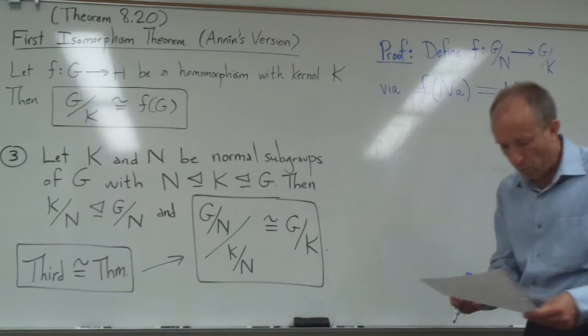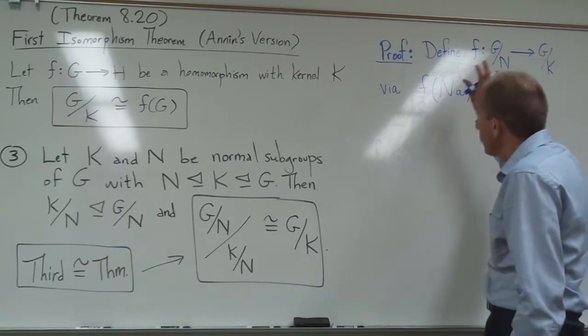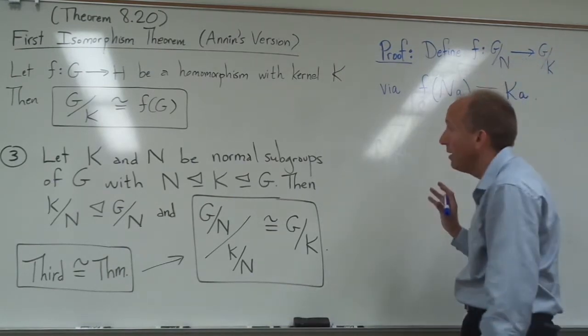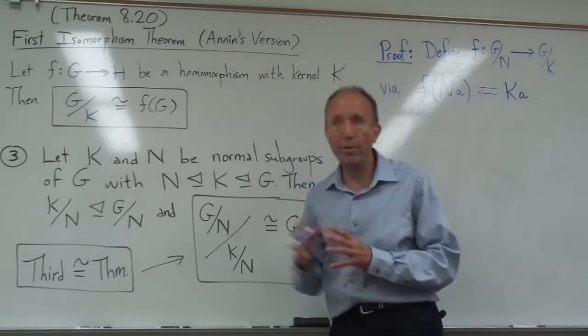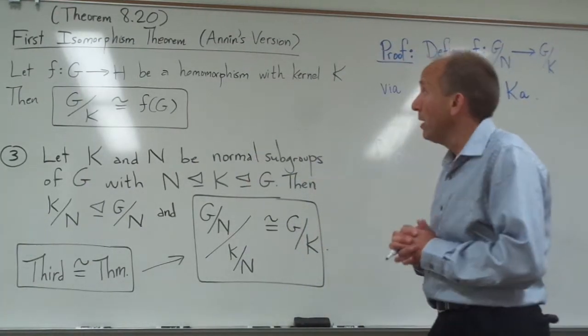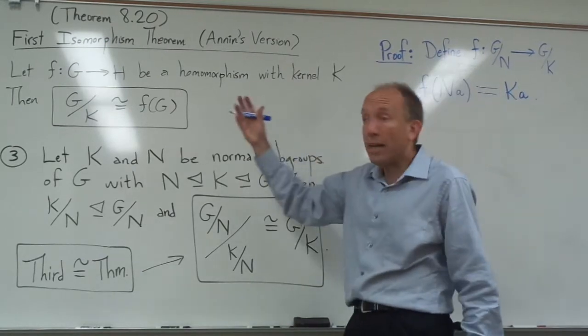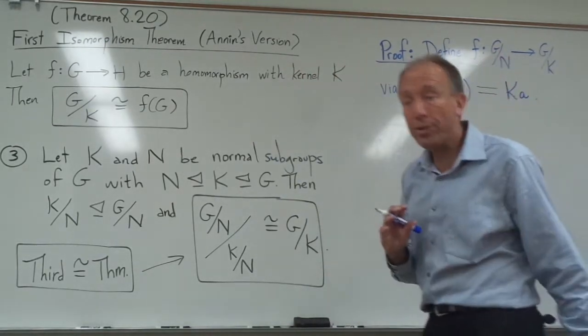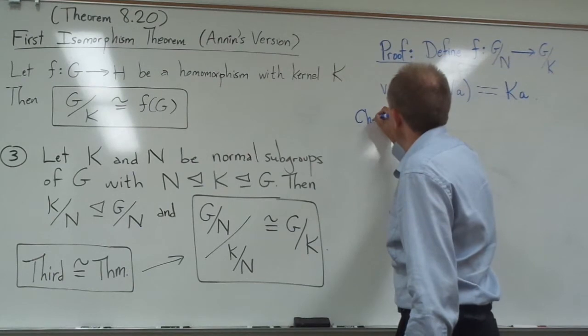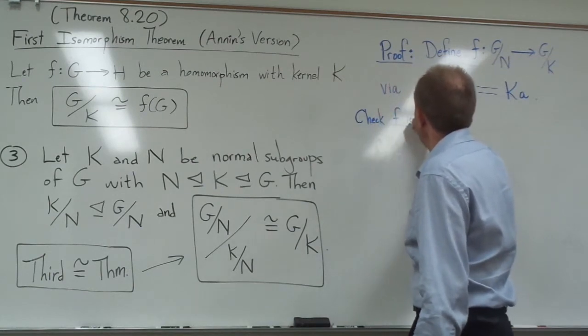Okay, and what I'm going to do is try to prove all of the parts that I need in order to apply this first isomorphism theorem. Before I even check that my f is a homomorphism, I'm going to check that f is well defined.